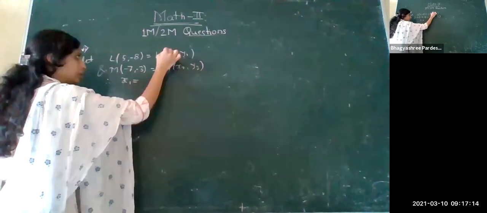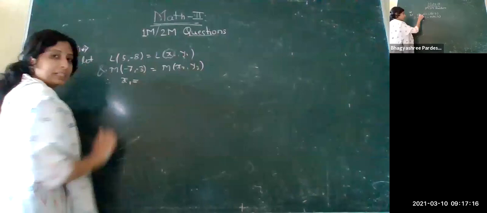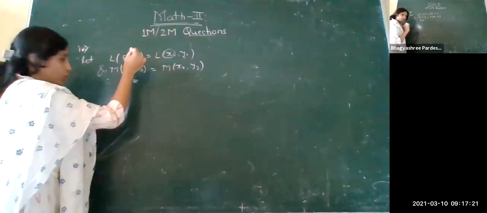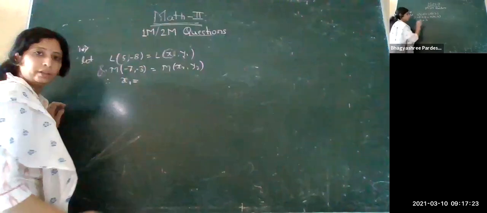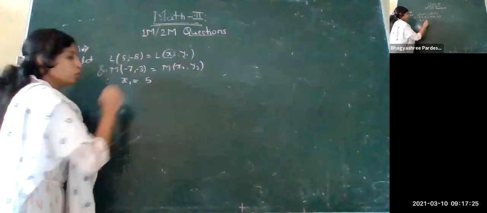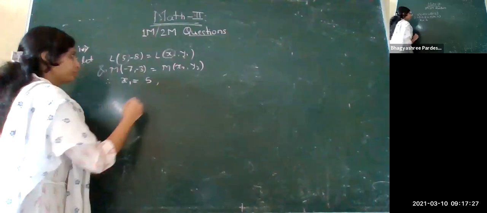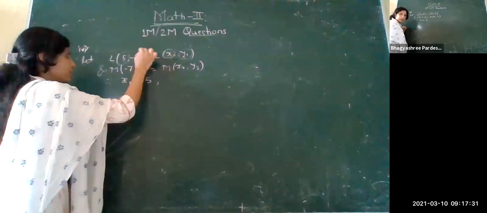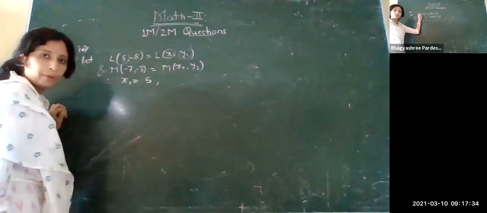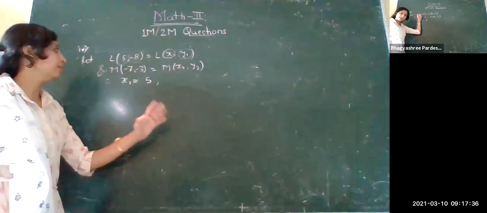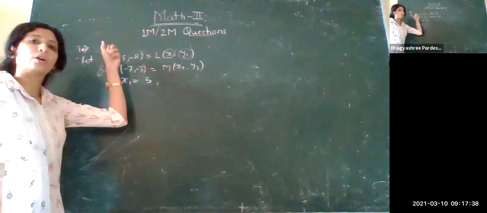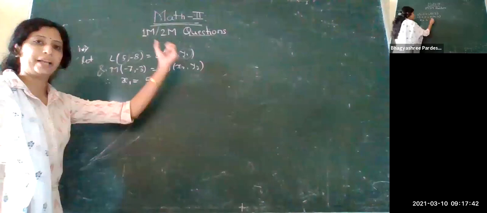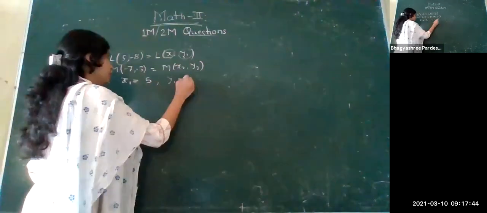The first one is representing x1. So which is the first one? 5 is the first one. Therefore, our x1 is equal to 5. Next is y1. First one indicates the coordinate of x, second one indicates the coordinate of y. So we have named them x1 and x2. So here we get y1 is equal to minus 8.